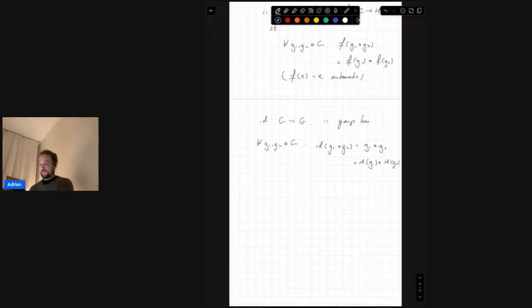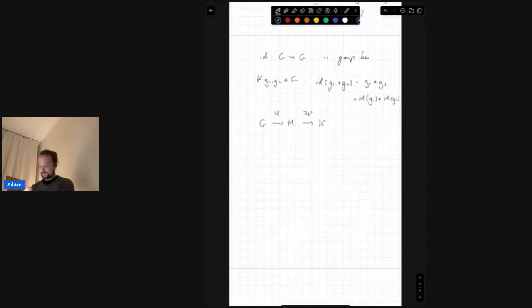And then if I have two group homomorphisms, going from G to H and from H to K, I have F and G. I see, now I'm going to run into problems if I call my second morphism G. So let me go Greek again and call this one phi and this one psi. We want to check that phi composed with psi is a group homomorphism.